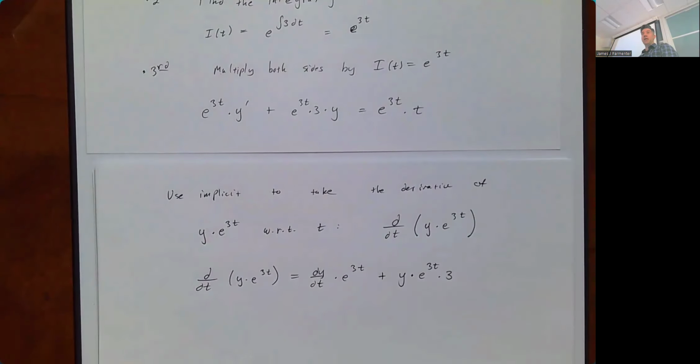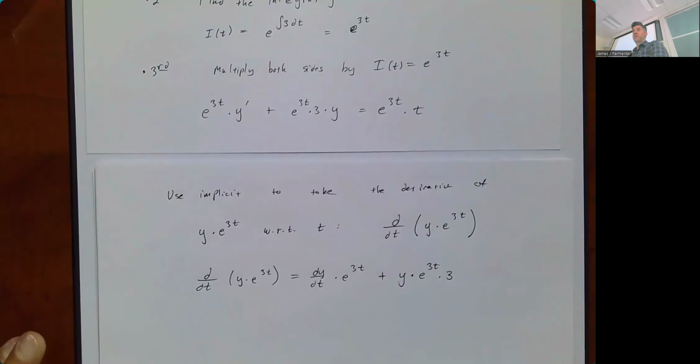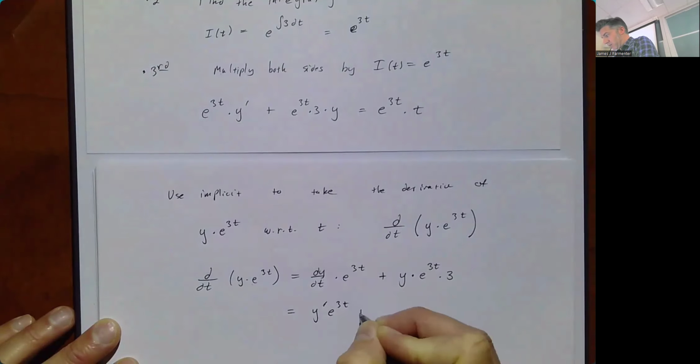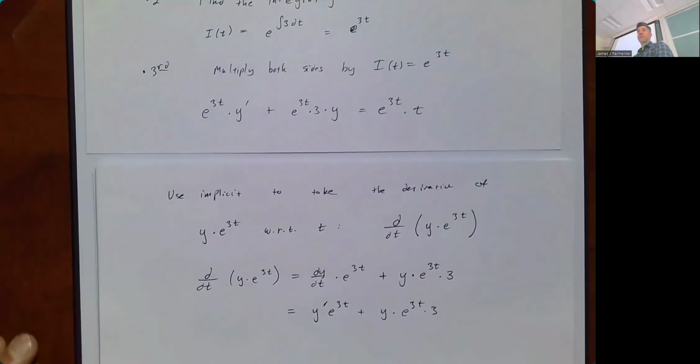And here's what we all want to see. The derivative of this is exactly the left-hand side of this equation. I've written it in a slightly different order, but this is exactly the same as y prime times e to the 3t plus y times e to the 3t times 3.